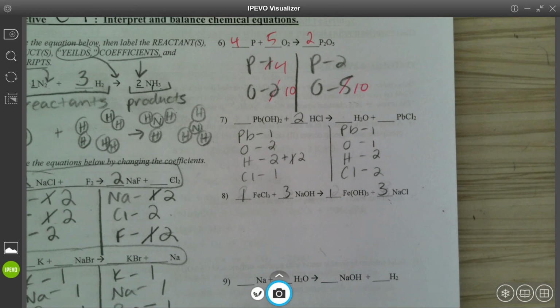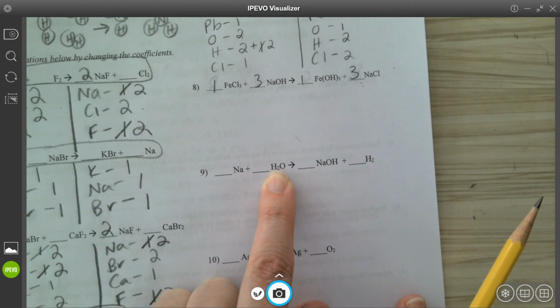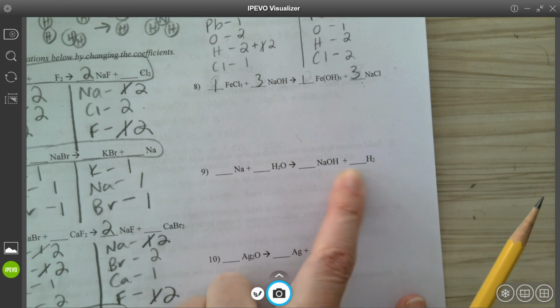I'm trying to think of a hint. Oh, number 9, same hint. You guys, for number 9, sometimes I did it wrong too. My hint for number 9 is the same as my hint for number 7. You see how the hydrogens in number 9 here are always even. Are the hydrogens on this side even?